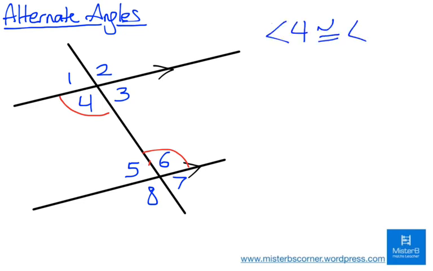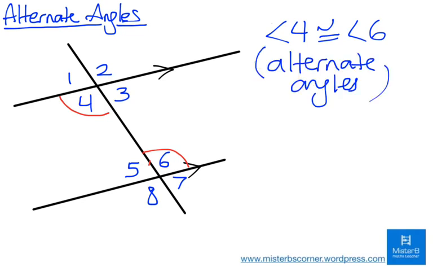Let's write it down. And the reason is alternate angles. So these go alternating on this line here, right? One of the alternate angles is this side, the other angle is that side. That's why we call them alternate angles, as I said before.